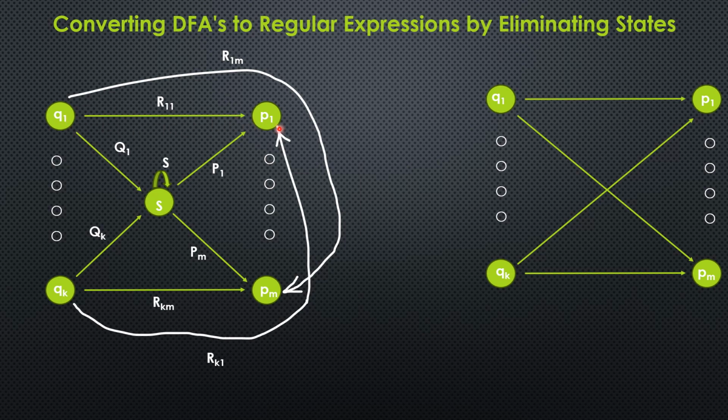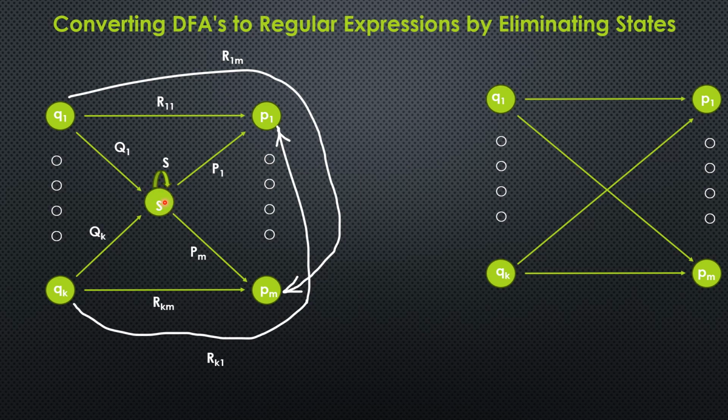When Q1 to P1 is the transition, then one path is through R11. The second one is I can take this path Q1, yes, and then P1. So this is a union operation. I can either take the R11 path, or I can take the Q1 path. However many times I want, I can transit in the S state with S as the input.